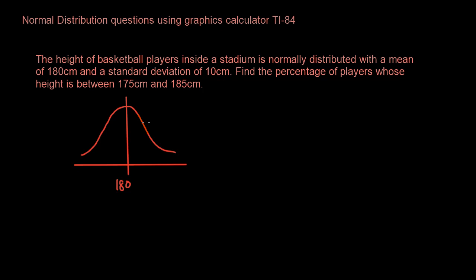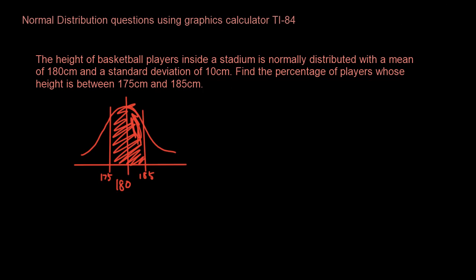And we want to get the percentage of players whose height is between 175, which will be somewhere to the left, and 185, which is somewhere on the right. So we want to get the percentage, which is the shaded area. So how do we find that?